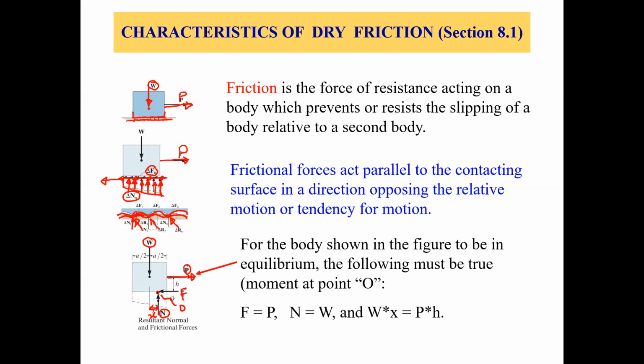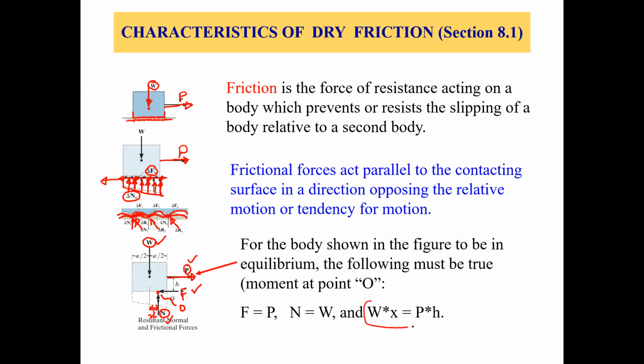F equals P, so these two should be equal. N equals W, and W times x equals P times h. So W times x is the moment of the weight about point O, and P times h is the moment of P about point O. So that should be equal.